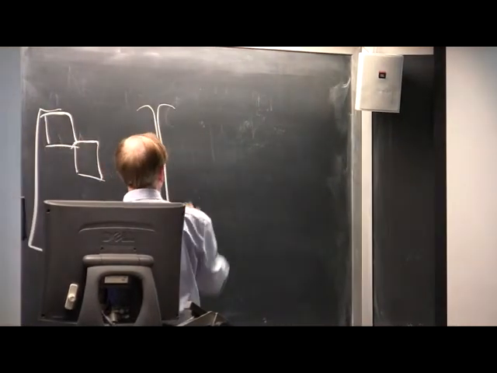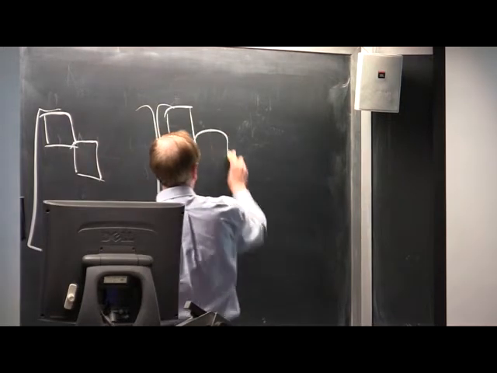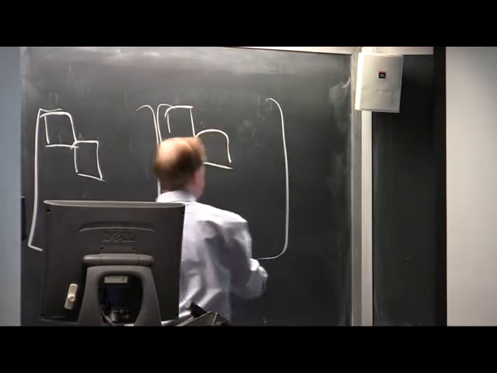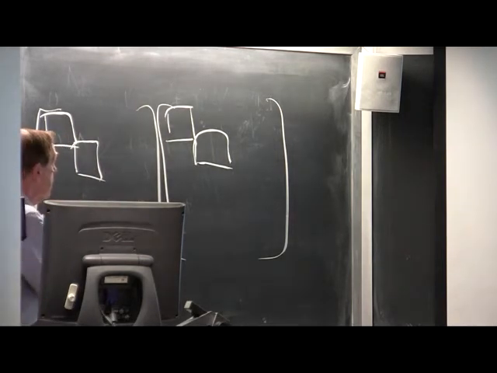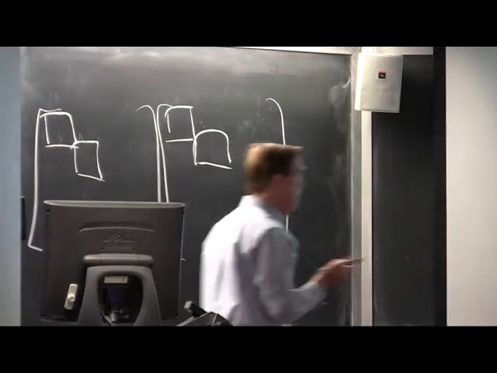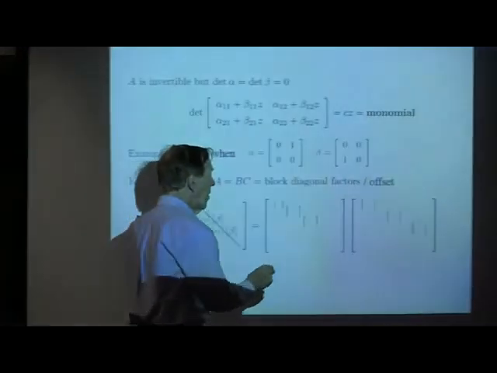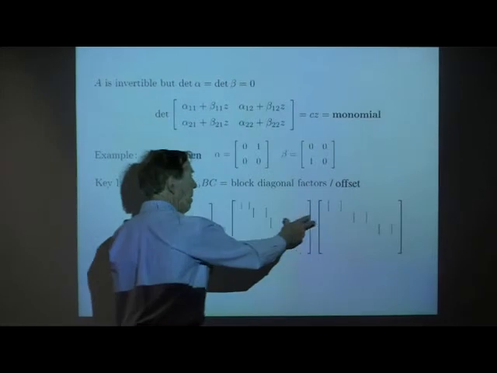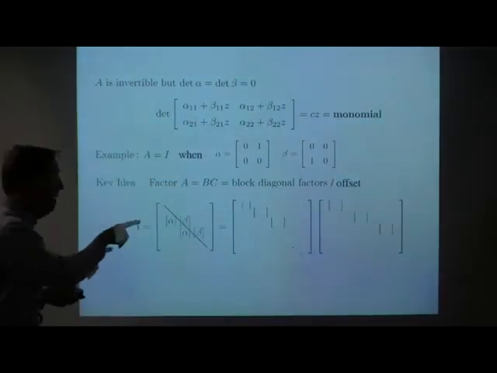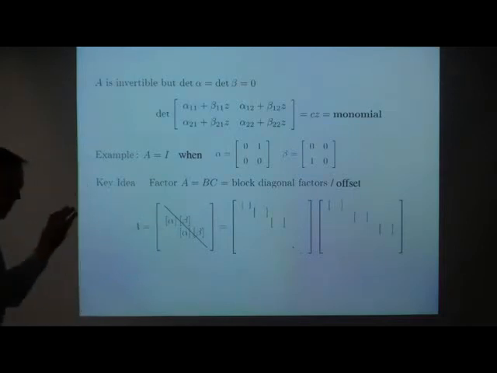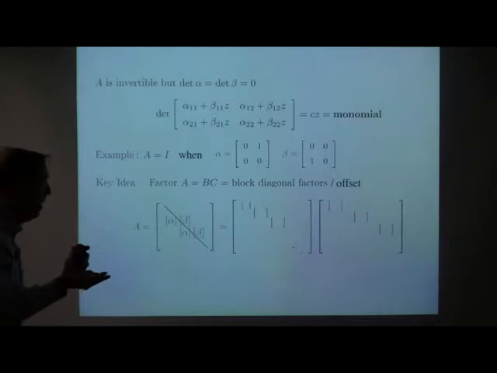If I have another one that looks just the same, then the product will be that block times that block. Nothing new, nothing interesting. But here's the key. If you offset one, does your eye show you that the two factors are like a row and column offset from each other?